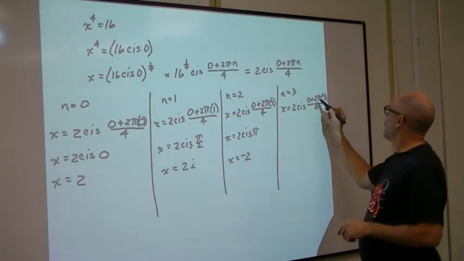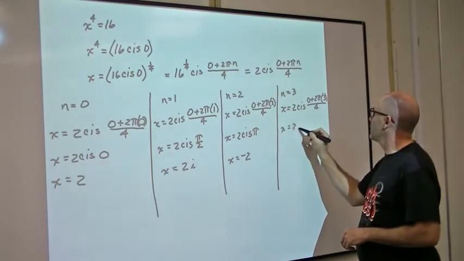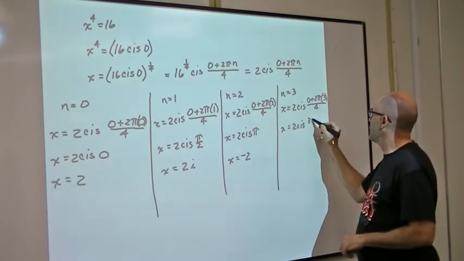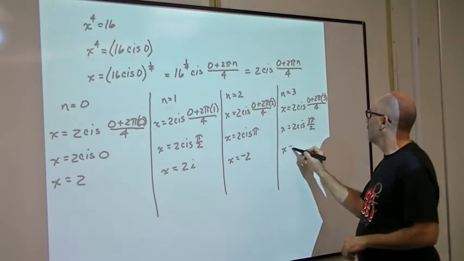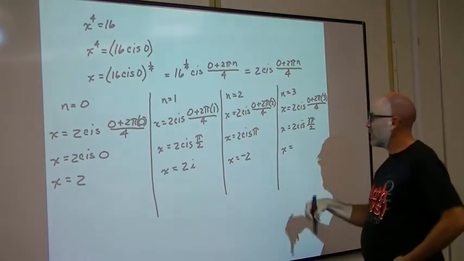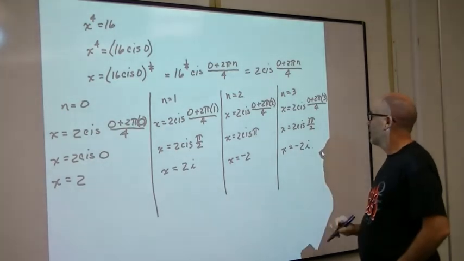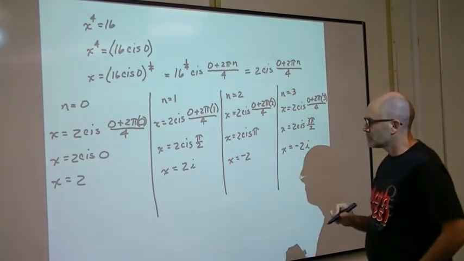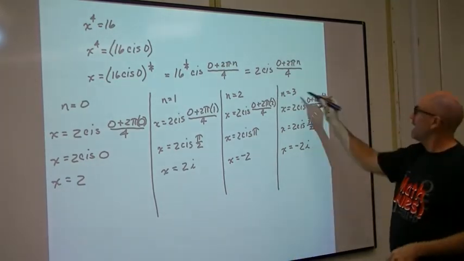But, okay, now we have 6 pi over 4, which is 3 pi over 2. So x equals 2 cis 3 pi over 2. And that's 2 straight down. Well, straight down is negative and it's imaginary. So that's it.